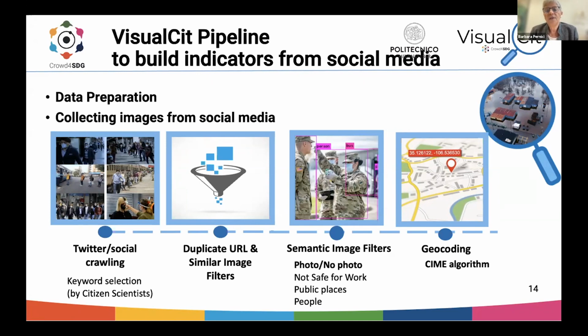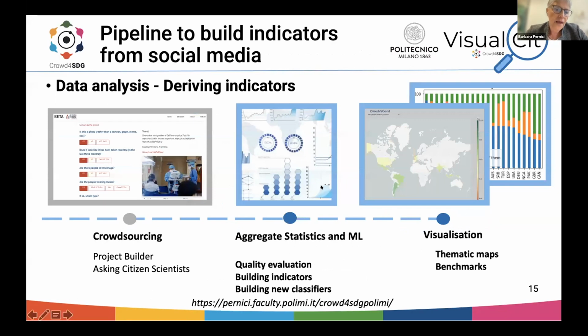And we wanted to analyze only images which had at least a couple of people inside, so we don't want selfies of just one person, and in public places, so outdoors or in airports, stations, and so on. In this way, we were able to locate them, and then we could show them to the crowd.